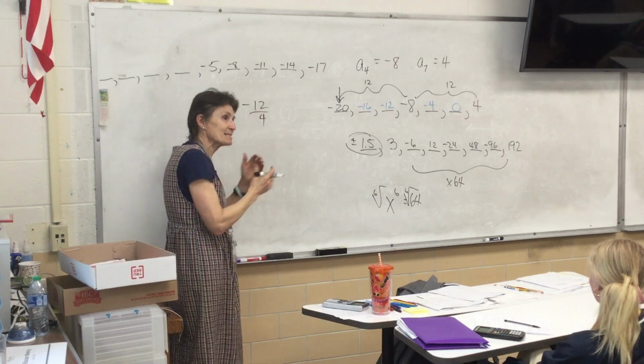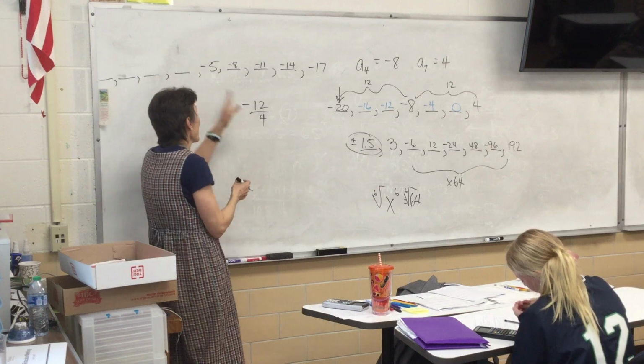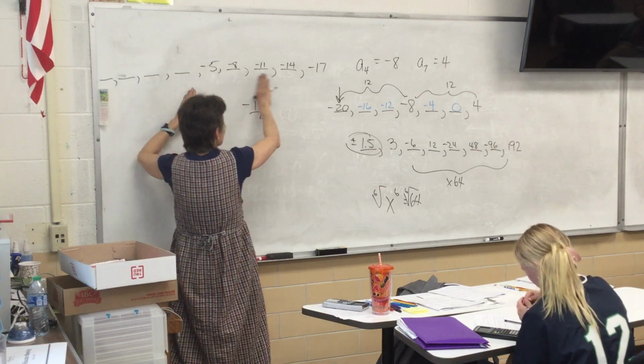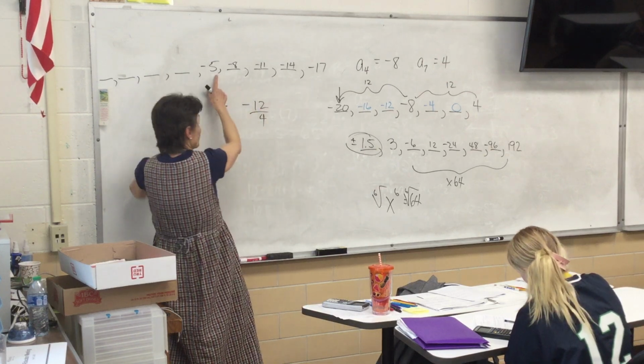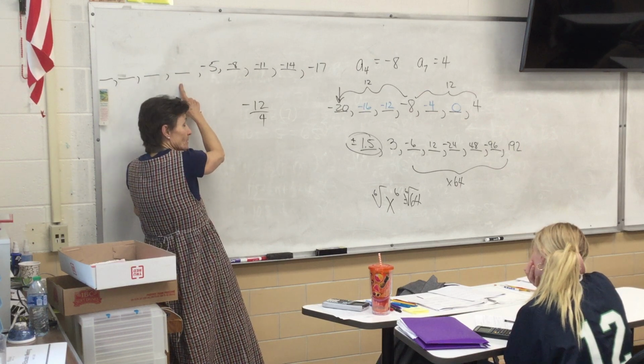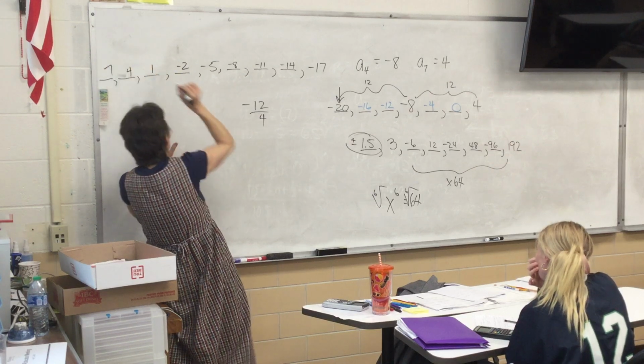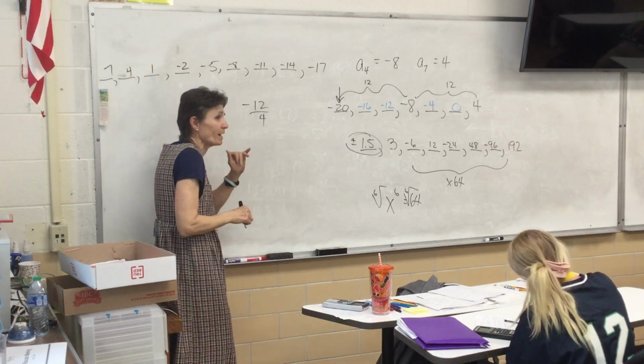So doesn't it make sense that number would be -3? So go backwards. If I'm minusing 3 going that way, I'm going to be adding 3 going this way. So -2, 1, 4. I got 7 for my first term. Is that what you got?